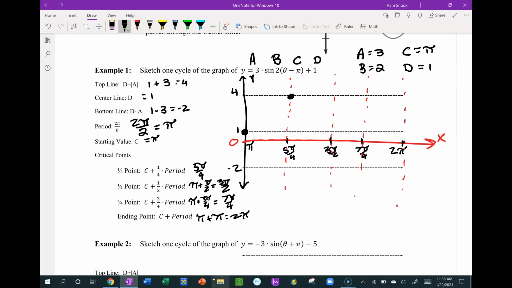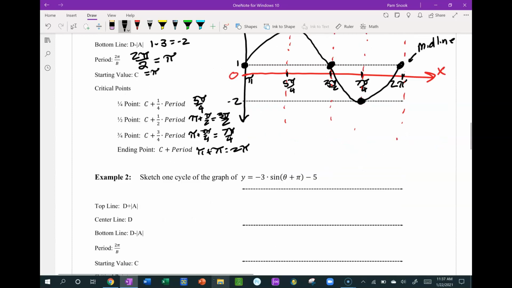Just go to the first critical point and to your top line. I'm then going to go to my next critical point, back down to the midline, which is right here. Just a reminder, this is your midline, not your axis. And then I'm going to go one more quarter cycle to my next critical point. That's going to be a minimum. And then I'm going to go back to midline. So here's what my graph looks like. Up, down, down, back up. There's one cycle.